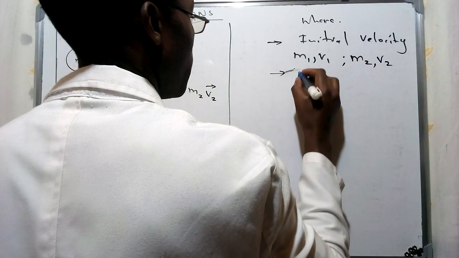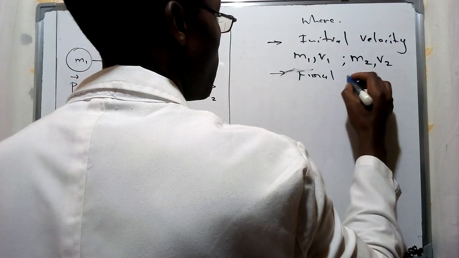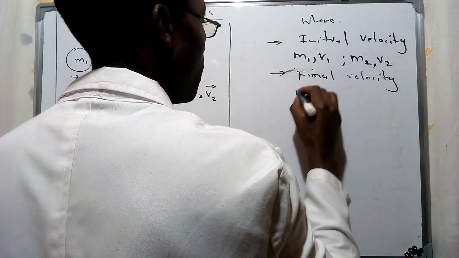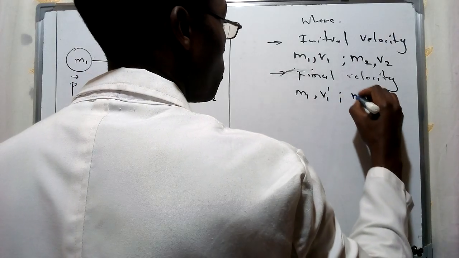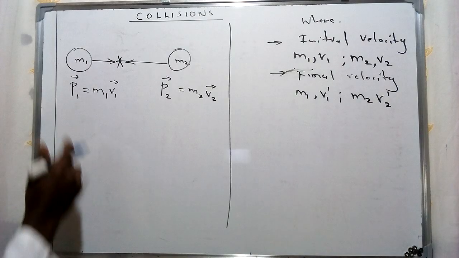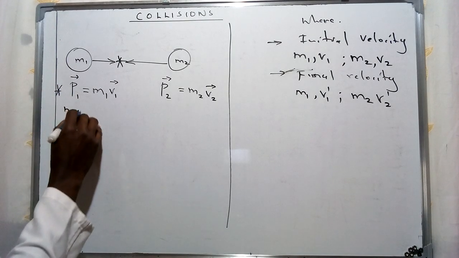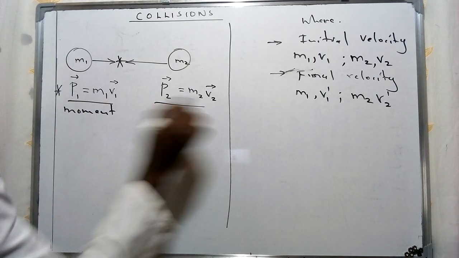If we consider the final velocities after collision, we use the notation v1 prime for m1 and v2 prime for m2. So the aspect of momentum can be represented using the representation I've given for 1 and 2.